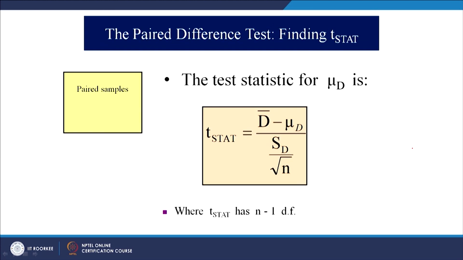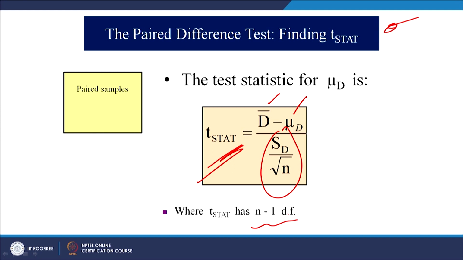So, paired difference test, this is how you would be using t test if you are using paired hypothesis testing. So, d bar minus mu d divided by s d upon root n, and it will have n minus 1 degree of freedom, right.